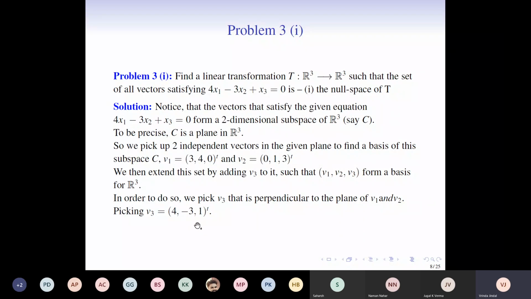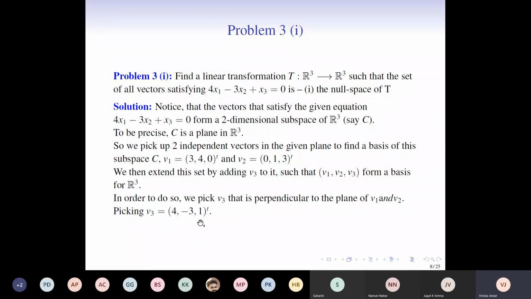So that is 4, minus 3 and 1. We can also check this by taking the dot product of v1 and v3. As you can see, we'll get a 0 when we multiply the corresponding elements of v1 and v3 and add them, and similarly the dot product of v2 and v3 is also 0.